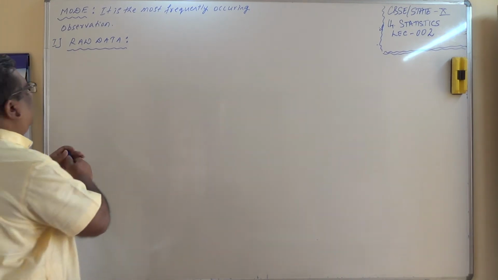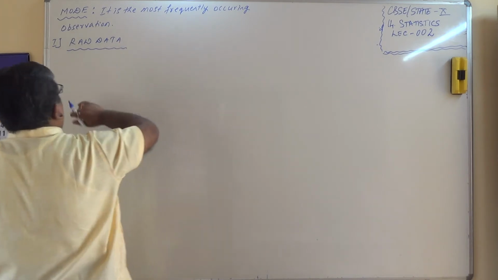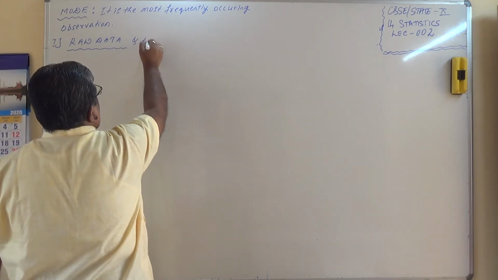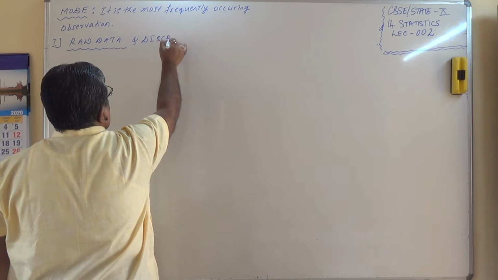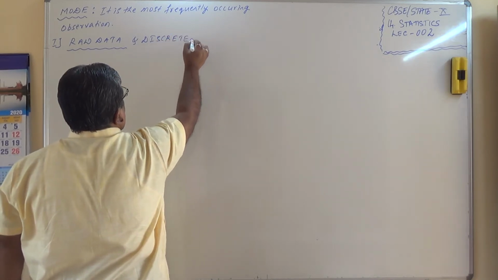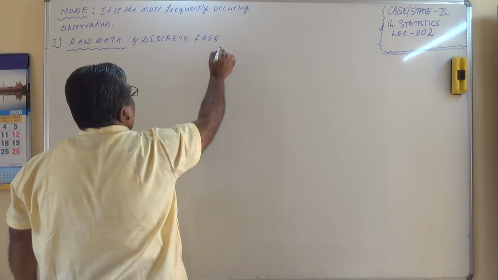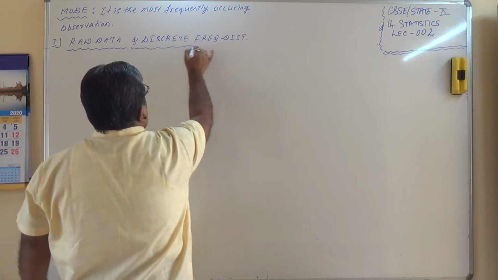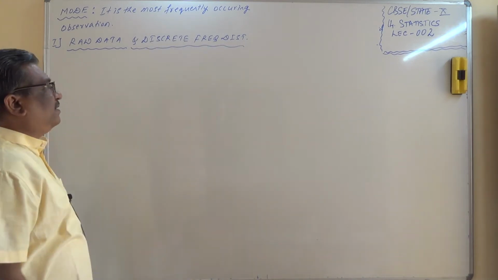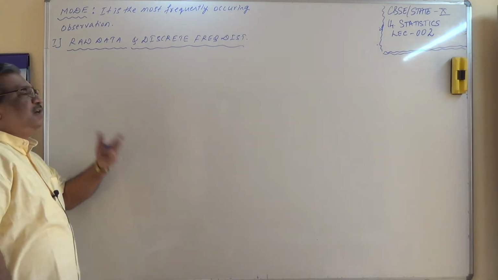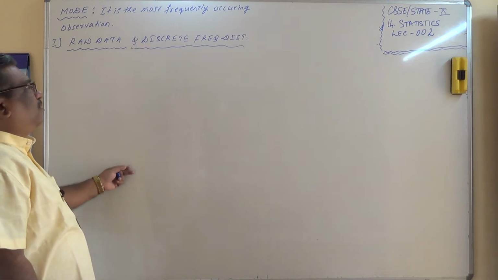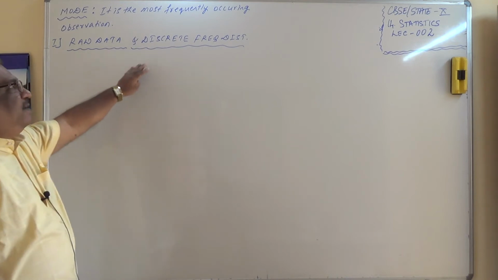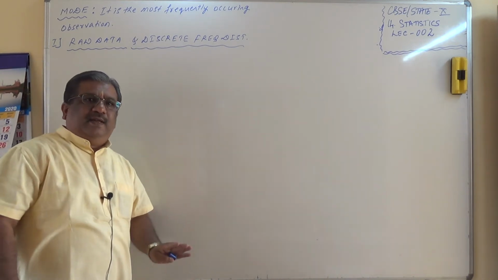So for raw data and tabulated data, or discrete frequency distribution table, I hope you understand what a discrete frequency distribution table is, which is also called an ungrouped frequency distribution table, or also tabulated data according to the ICSE syllabus. So for raw data and discrete frequency distribution table, it is absolutely the same.